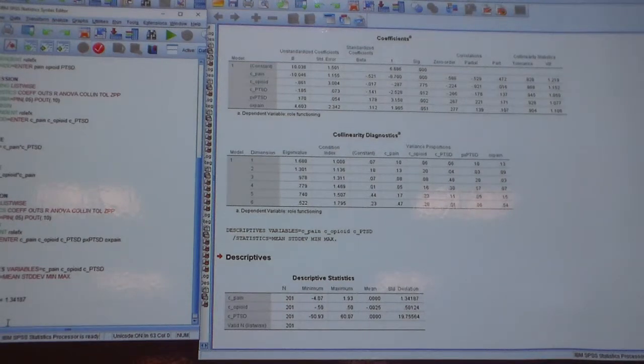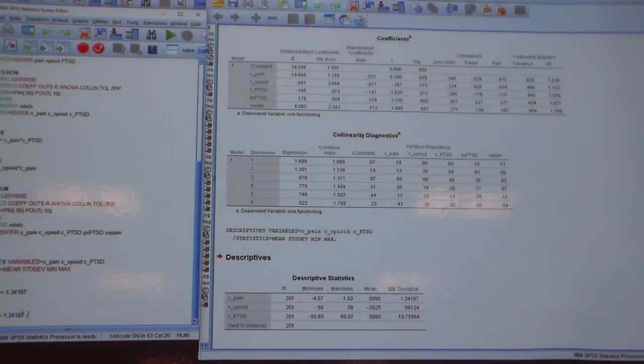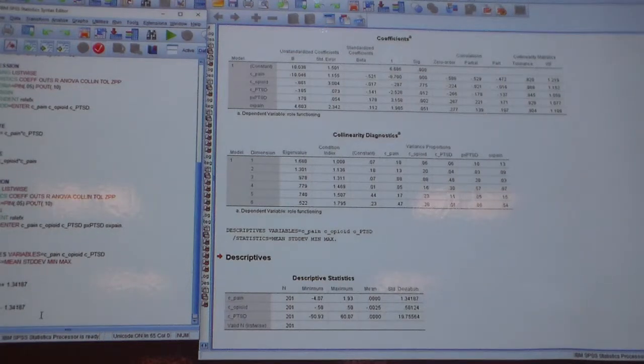Compute. The same thing, this time minus the standard deviation. Okay.